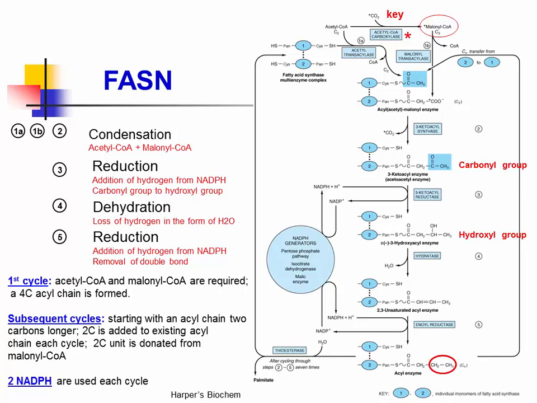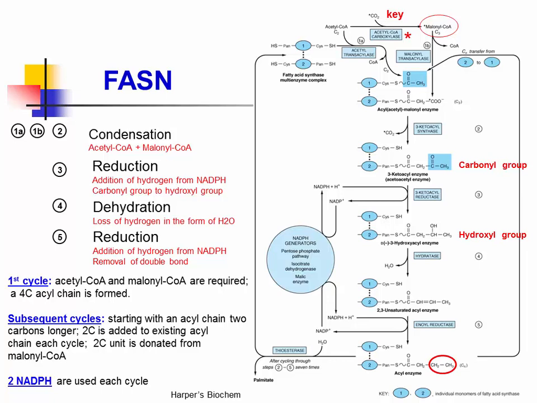Your question? I was going to repeat that. Why, if you have a 16-carbon chain, do you need to do the cycle 7 times? Right. When you finish the first cycle, you already have 4 carbons here, right? Excluding this first cycle, you actually need 6 more cycles.